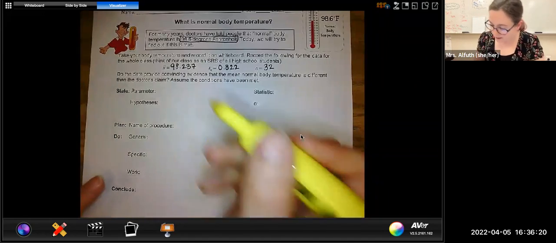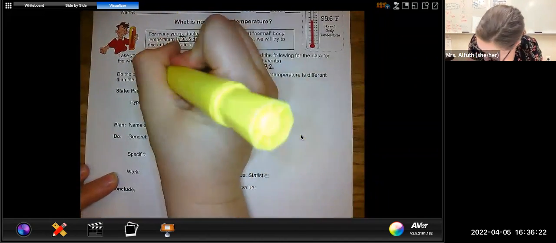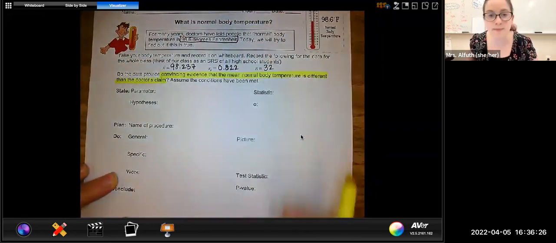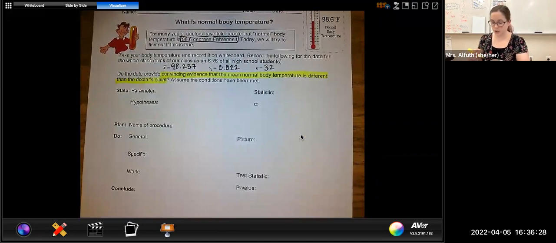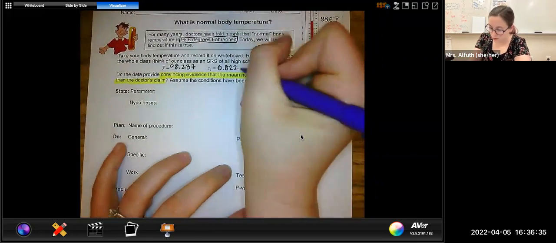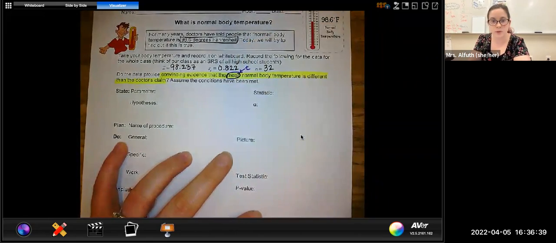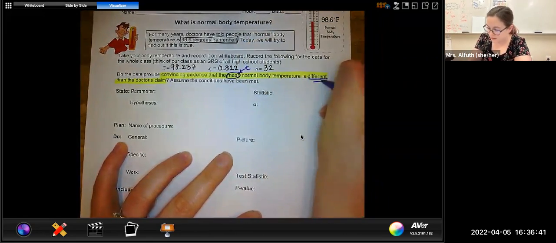Couple of things here. Do the data provide convincing evidence? This should be an immediate clue to us that we need to do a state plan do conclude. Additionally, within this, I see the word mean, which means I know I'm going to do something with a T distribution, and different, right?